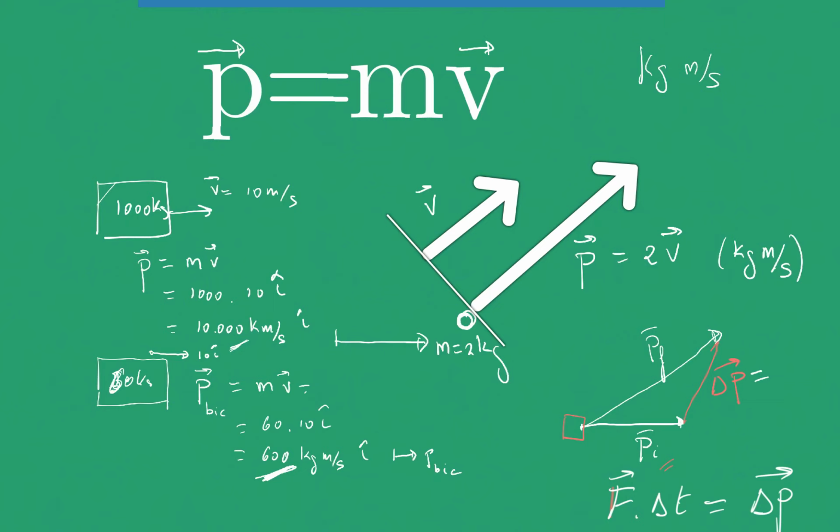So this change in the momentum will be the force multiplied by the time that occurs between position 1, when the object is going in this direction with this momentum, and the time when the object is going in this direction with this momentum. So the new equation is this one: the force acting during the time delta t will produce a change in the momentum.